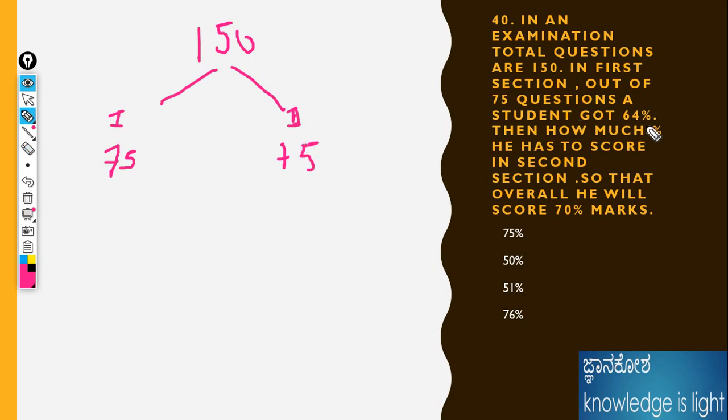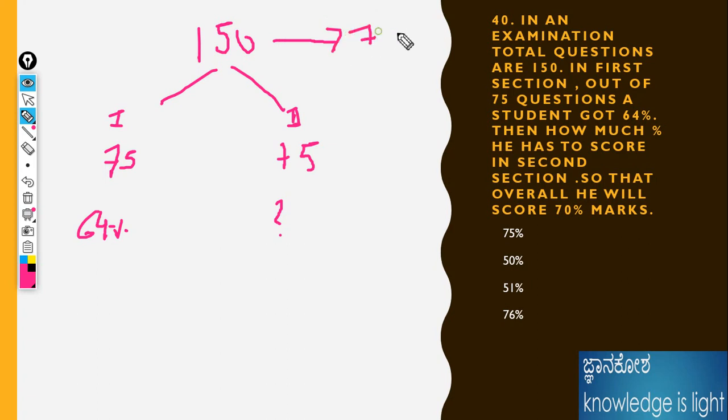They got 64% in the first section. How much percent does he have to score in the second section? We need to find the second section, and they have given the overall percentage, 70%.